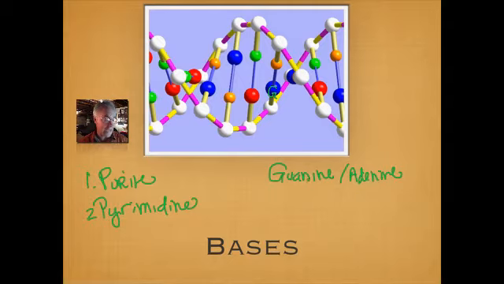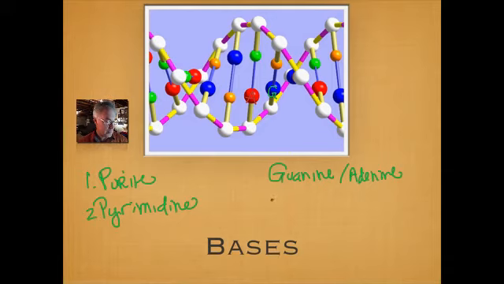And then, of course, adenine is red, so the blue dot is guanine, and the red ball or dot is adenine.